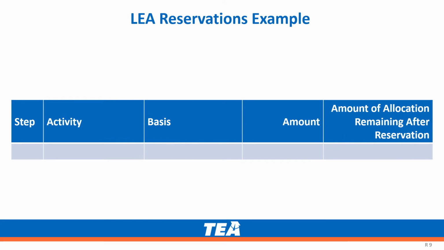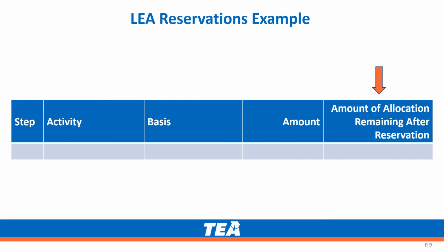As we take a look at this example and the steps for reserving funds, we will use a table to help us understand the LEA reservations process. The table will be organized as shown, with the step, the reservations activity, the basis for the reservation, the amount of the reservation, and the amount of allocation remaining after the reservation.